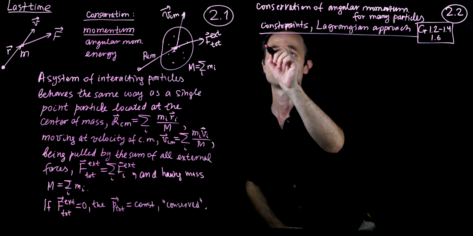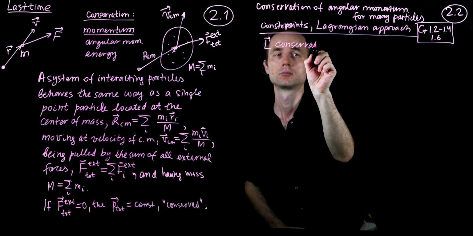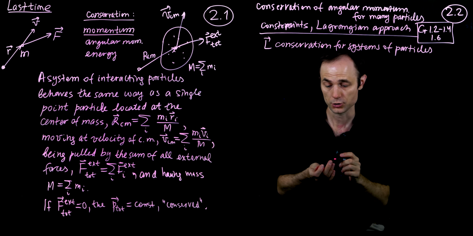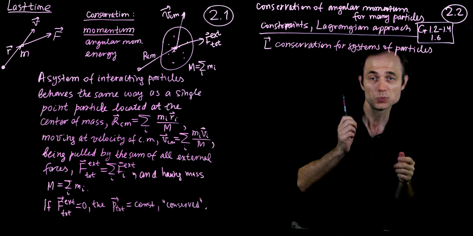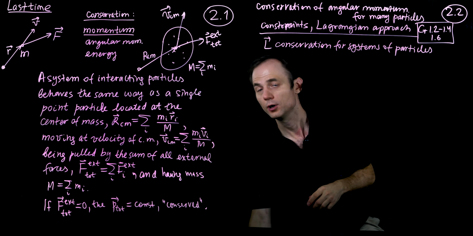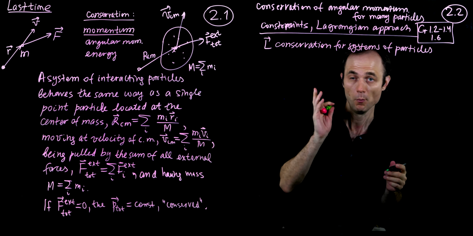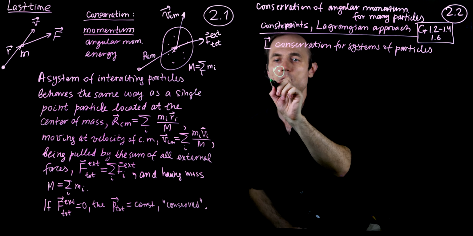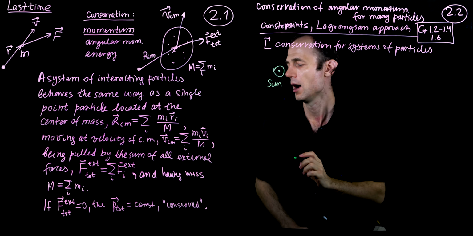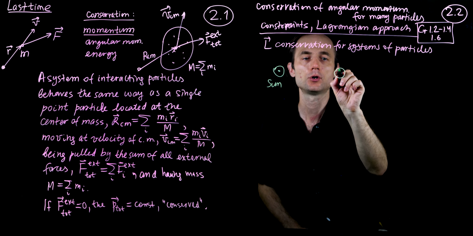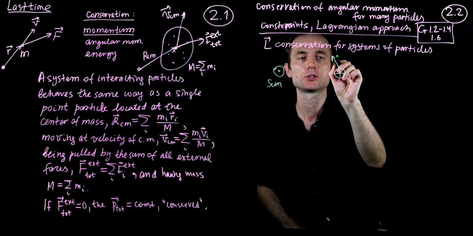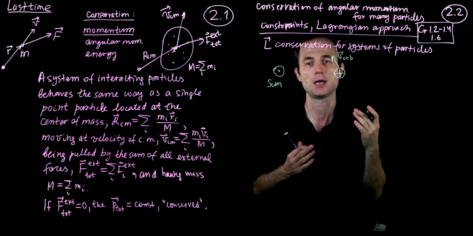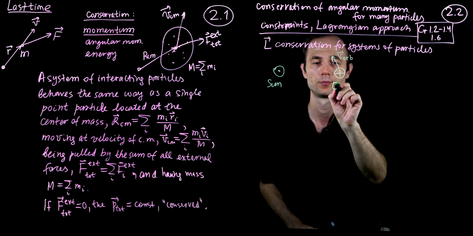Conservation of angular momentum. How are we going to go about this? Well, it's pretty similar to what we've done before for linear momentum, but there is a twist. So let's draw a diagram. Suppose that we have a sun, and we have the Earth that's on an orbit around the sun, so it has an orbital velocity.